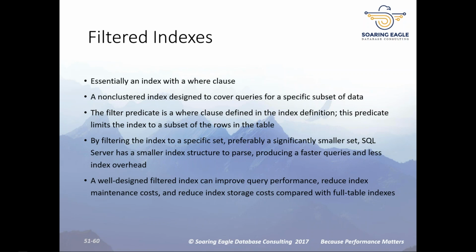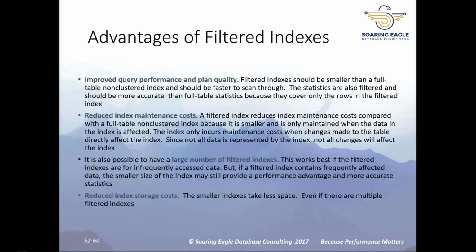Well, if you have a processed flag, which is 0 if it hasn't been processed and 1 if it has, you can create an index on date where processed flag equals 0. And therefore, you can quickly identify in this tiny index, rather than the big index, the most recent non-processed row. I do use these with some degree of frequency.